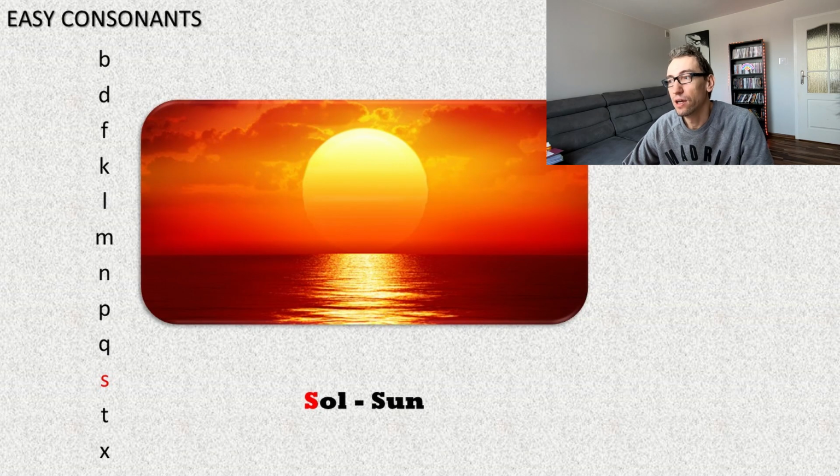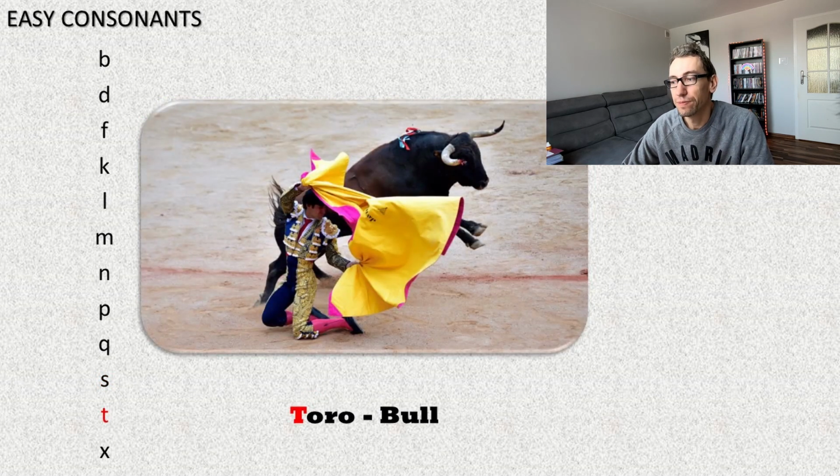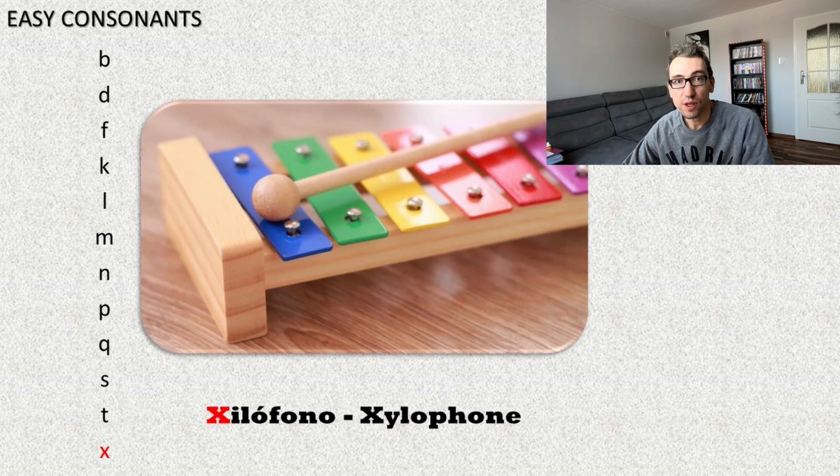S, like in sol. Sol means sun. T, like toro. Toro means bull. And last but not least, X, like in xylophone.